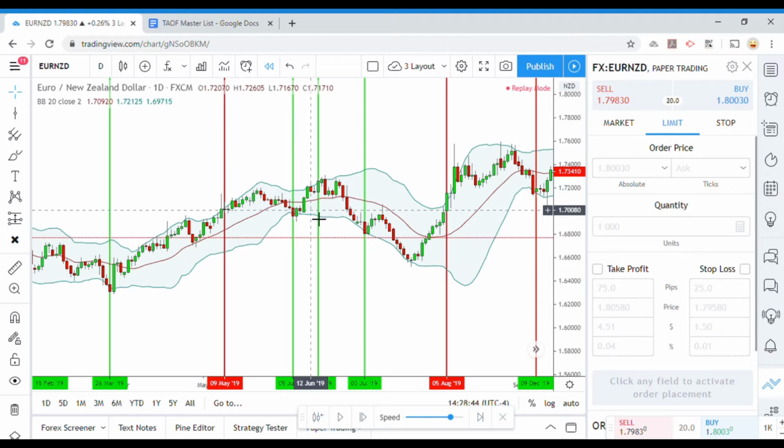Anytime you start to look for overbought, oversold, and take an entry in the opposite direction, for example, when it goes overbought, you take a short position, or when it goes oversold, you take a long position.